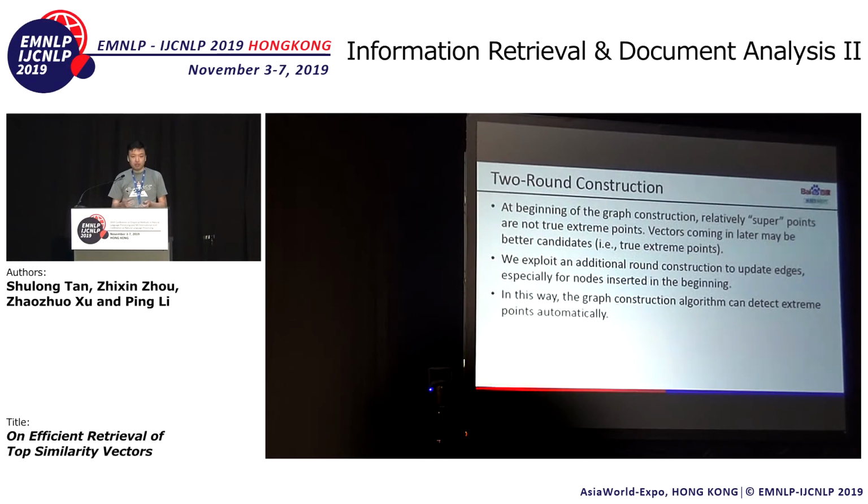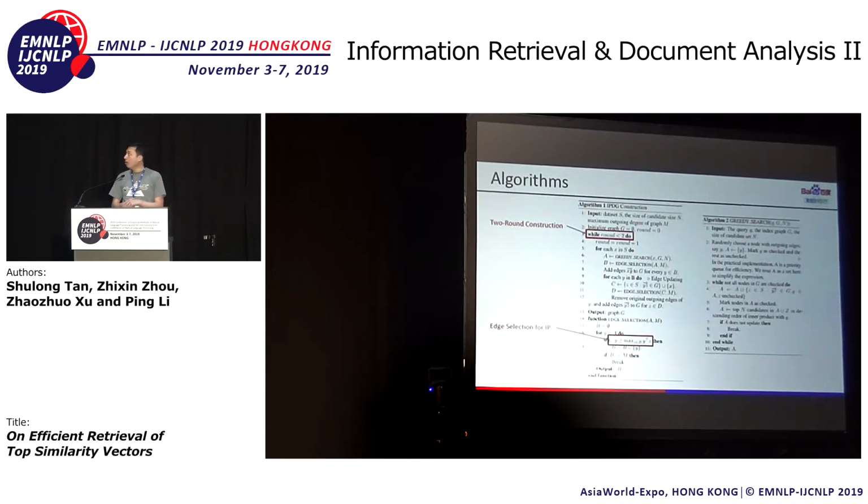In this way, the graph construction algorithm can detect extreme points automatically. Okay, these are the algorithms in our paper. The highlights are the double round construction and the criteria of edge selection. For the rest of the details, I refer the readers to our paper.